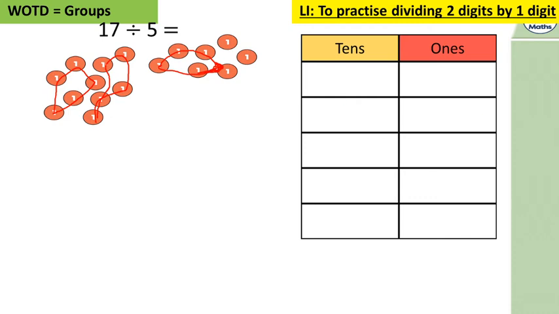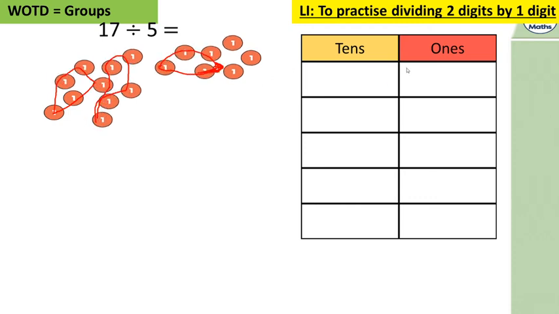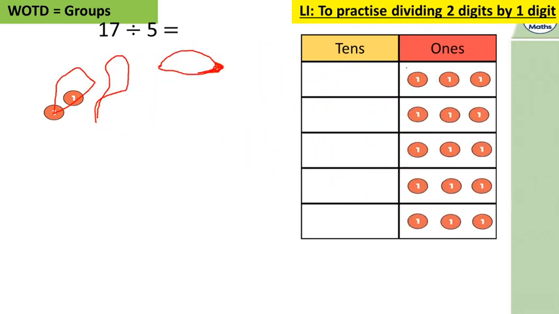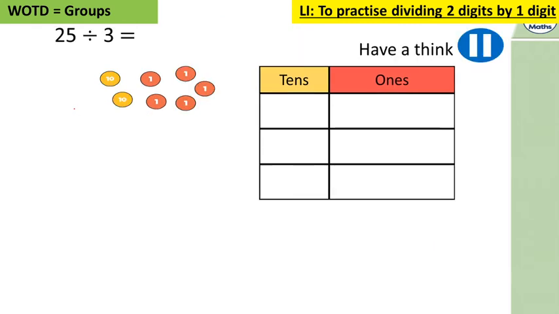That means 17 divided by 5: 15 is 5 times 3, so it's going to be 3 in each of those groups. And you'll notice that there are 2 left over. So it's going to be 3, because there's 3 in each group when you divide it by 5. Remainder 2.